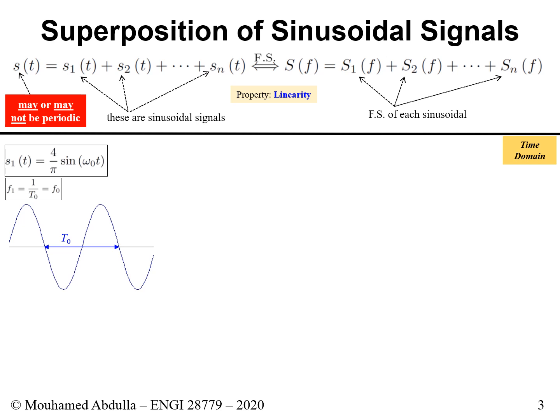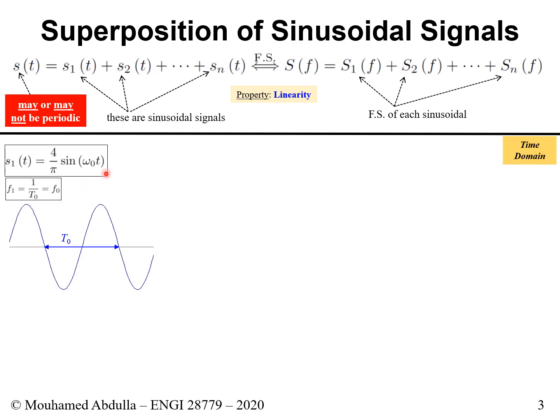And like I said a second ago, we can find the frequency of the signal by simply doing 1 over the period, and that gives us the frequency of this signal. So the frequency, I write f1 because it's signal s1, and f naught, that's the fundamental frequency.